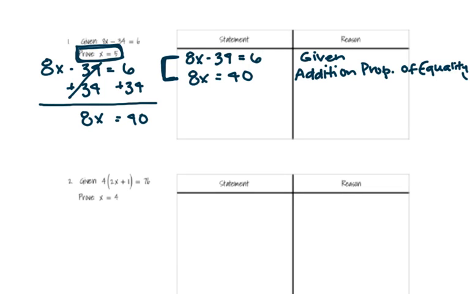So then let's see. Now we have 8x equals 40. Well, what are we going to do here to get x by itself? We're going to divide by 8. So now we're going to use the division property of equality.